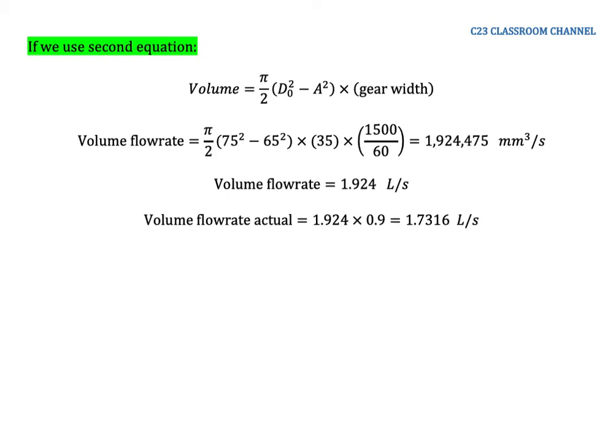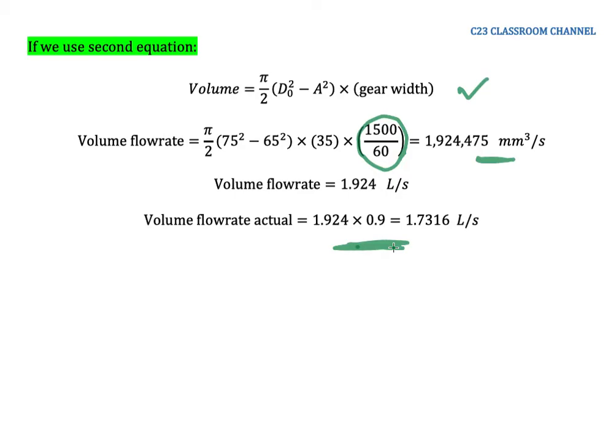Then we can compare with the second calculation. This is the second equation. We substitute all the values and multiply with the RPM over 60, 1500 over 60. So we get the actual flow rate equal to 1.7316 liters per second.